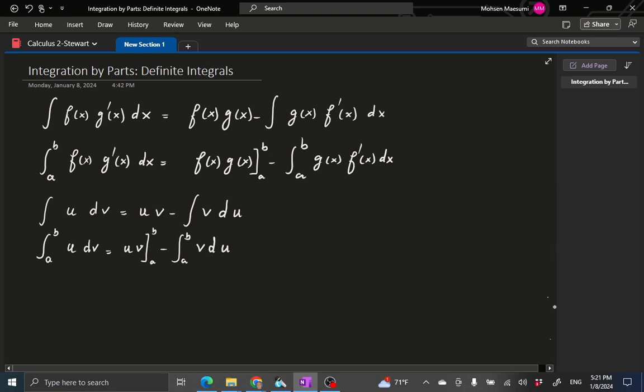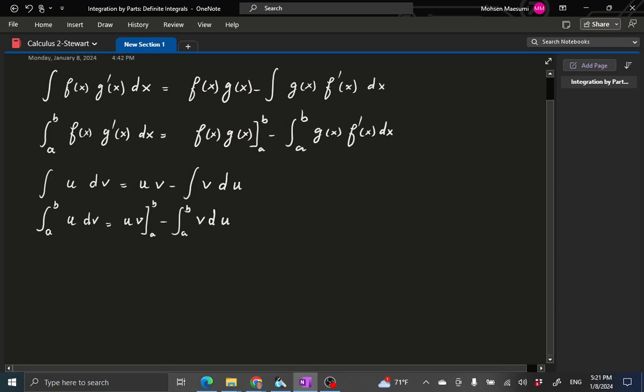Suppose I want to integrate from 0 to 1 of tangent inverse of x dx. To make the story short, we can ignore these limits, go ahead and complete the integration and come back and impose 0 and 1 as our limits on the right hand side.